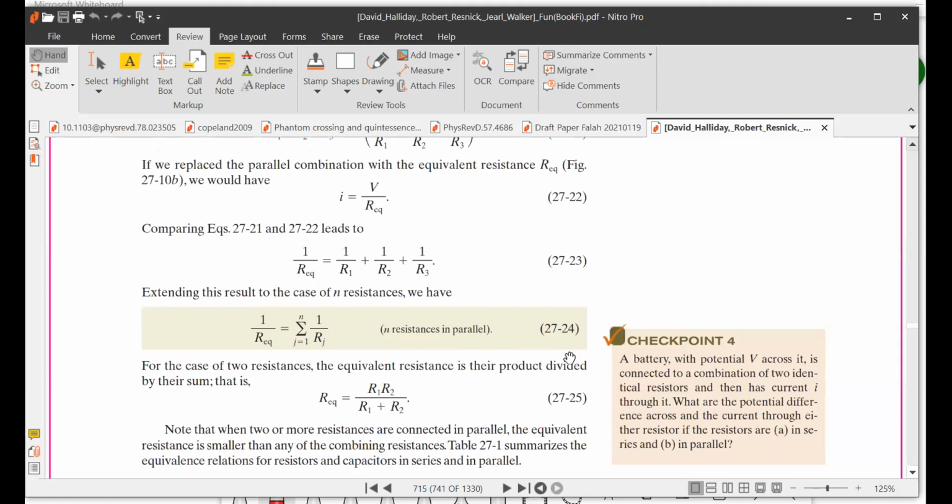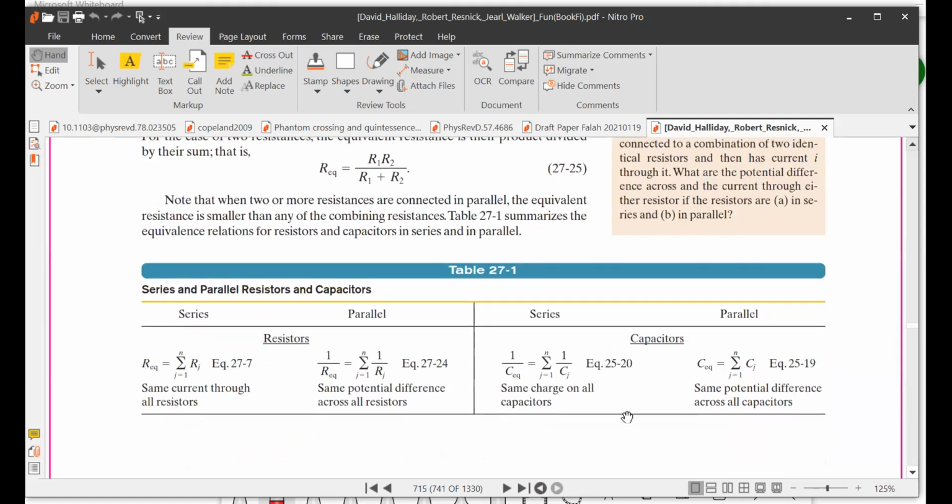What about series? Series is easier. For resistors in series, the total is the summation of R1, R2, etc., until Rn, if there are n resistors. And this is also the parallel one.